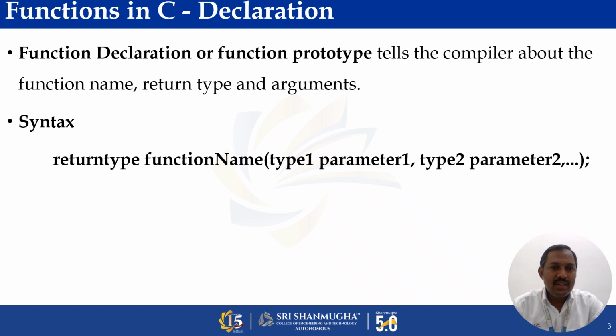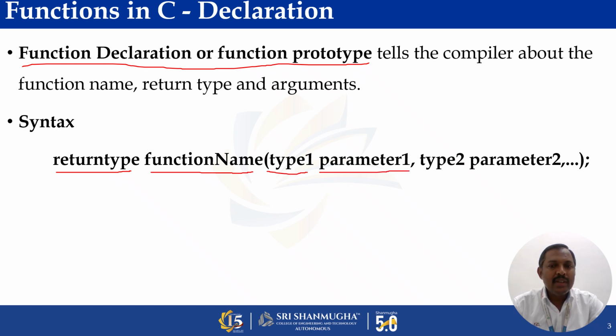First one is function declaration or function prototype, which tells the compiler about the function name, return type and arguments. We are going to use a function within our program, so that information is passed with the help of this declaration or prototype. What is the syntax? Return type followed by name of the function, then data type and parameter. The required number of parameters we can give.